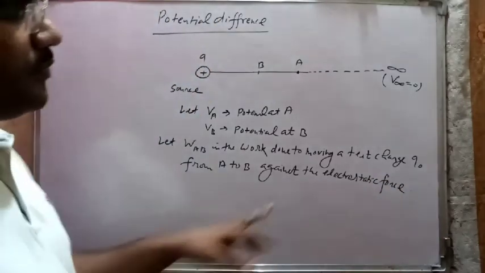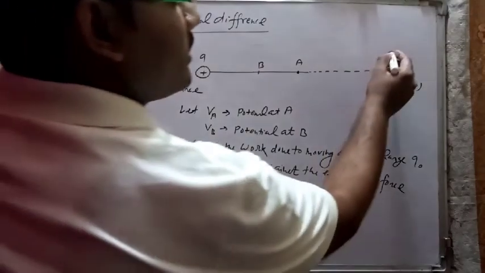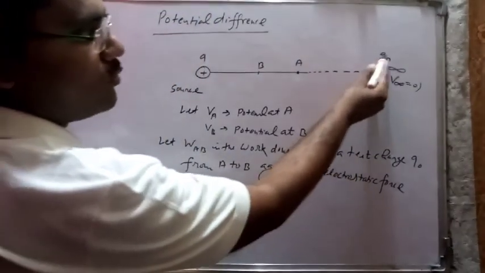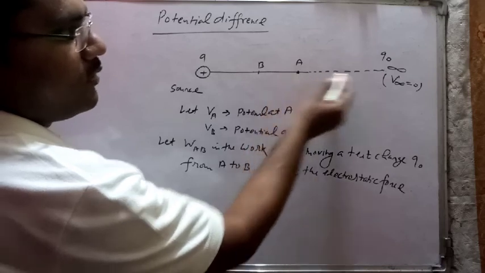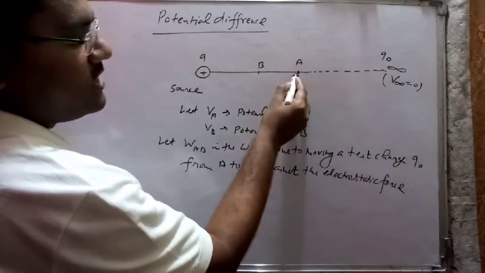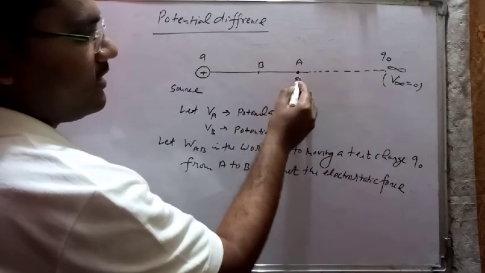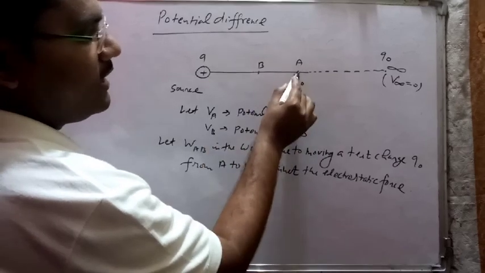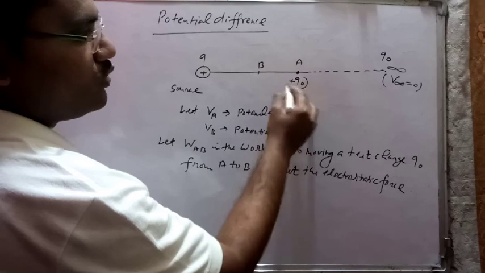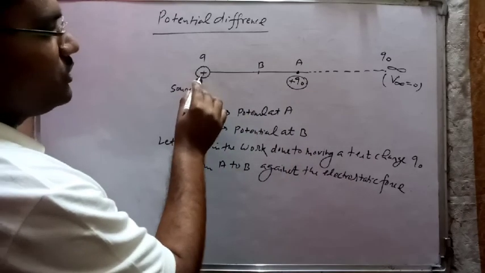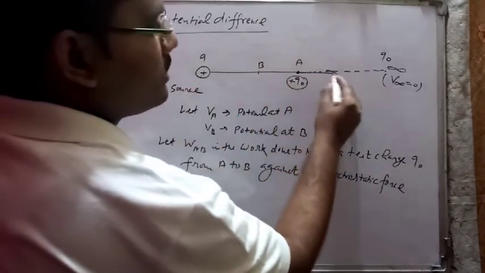From the figure, if a test charge Q0 moves from infinity to A, when this charge reaches A, then it experiences an electrostatic force, because the test charge is a positive charge and this one is a positive charge. This positive repels this.